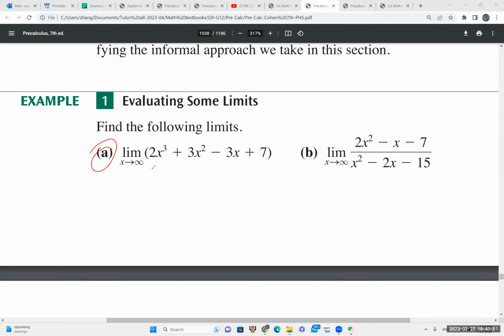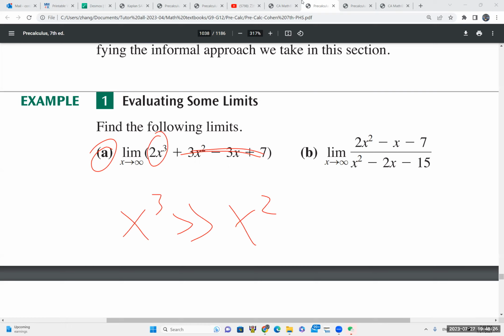Normally when x approaches infinity, we just need to look at the leading term. We can ignore the others, because for example x cubed compared with x squared is much, much greater.